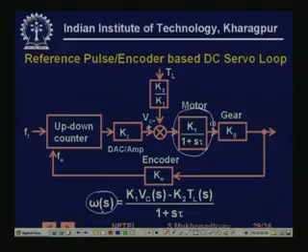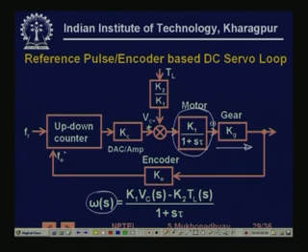In a DC motor, if you change the armature voltage, it will change the current, flux is constant, so it will produce torque, and the motor will move. There is generally speed feedback in such drives. So we try to control the speed, and the speed will simply get integrated to give the position.